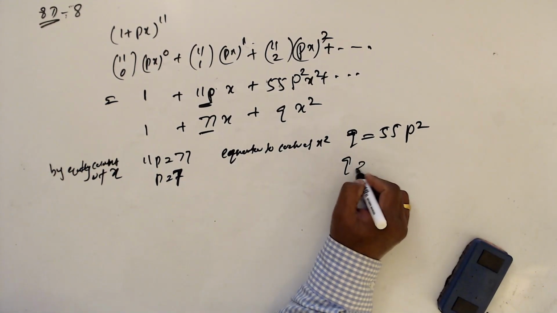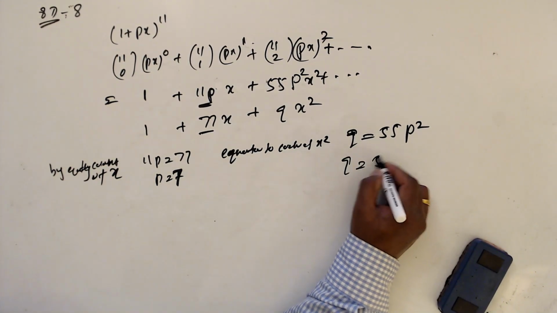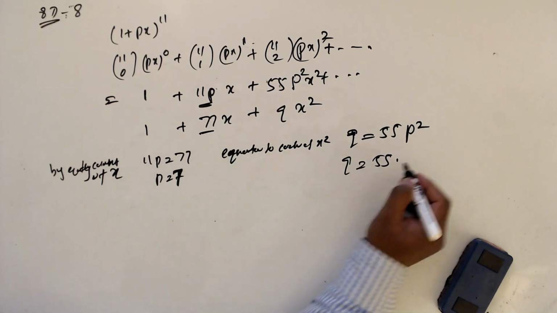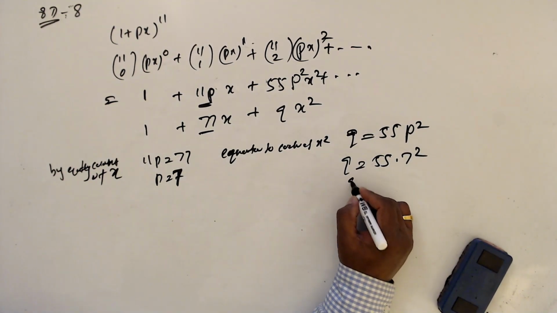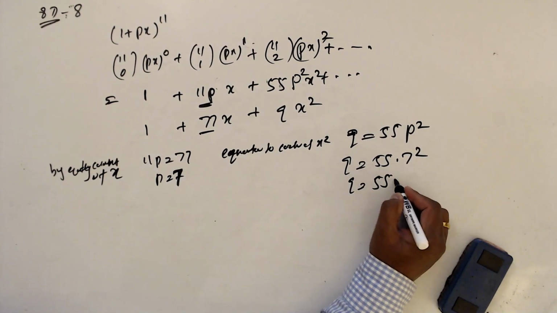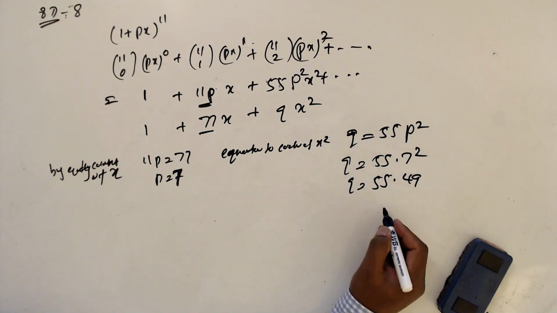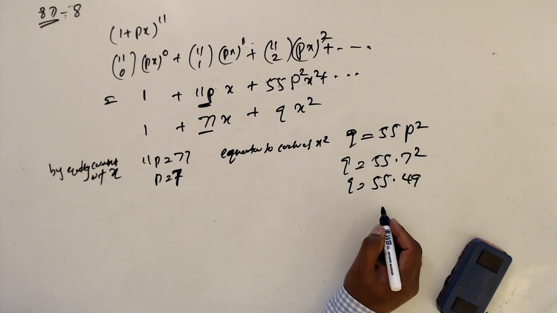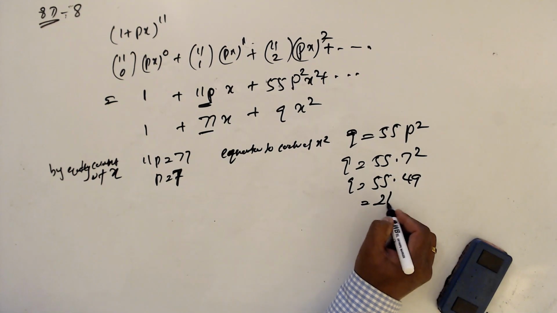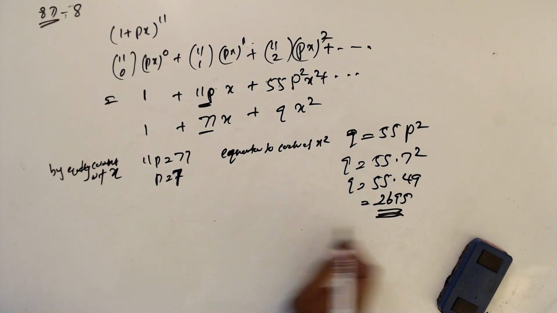So q equals 55 times 7 square. So q equals 55 times 49, which is 2695.